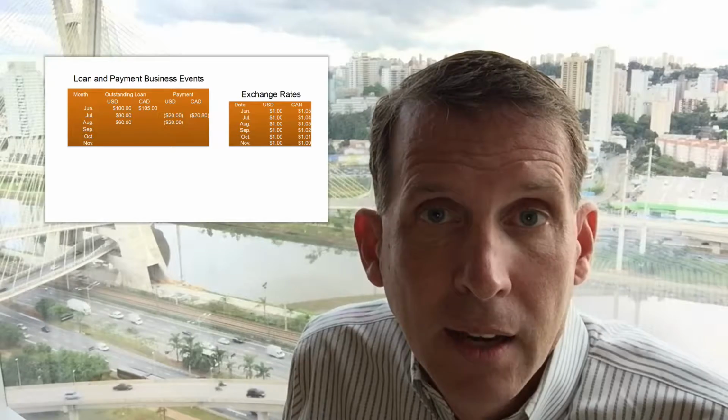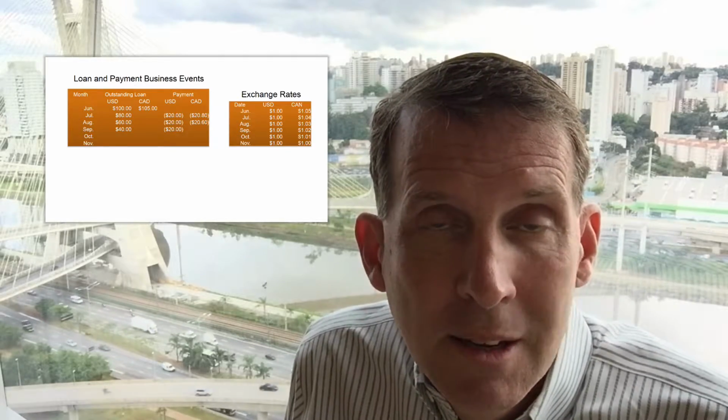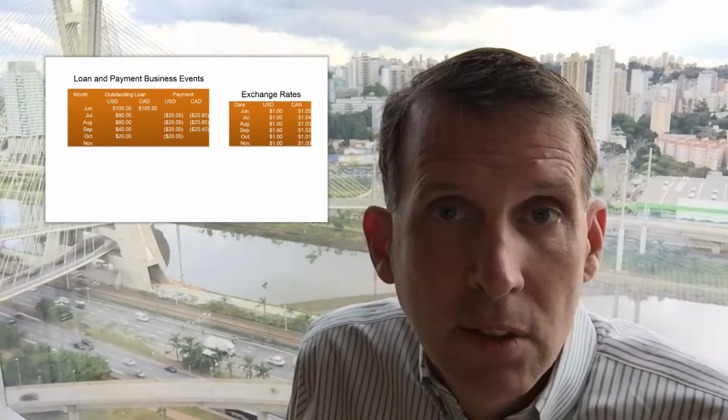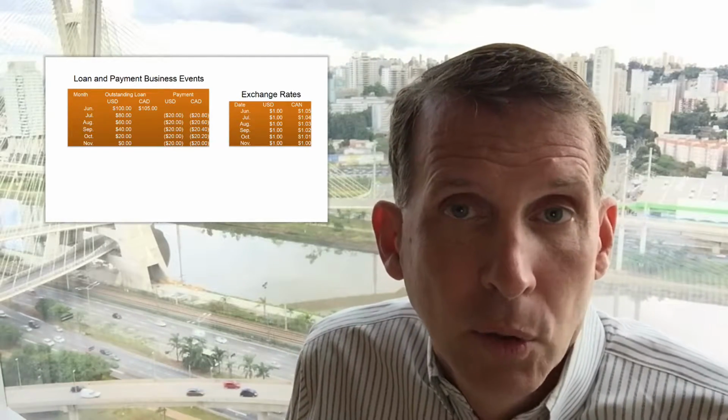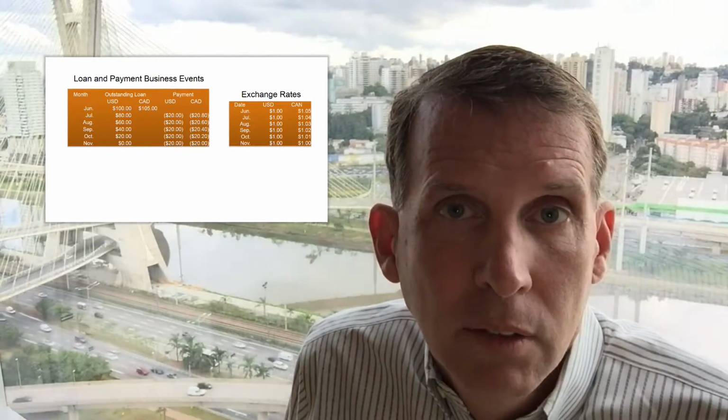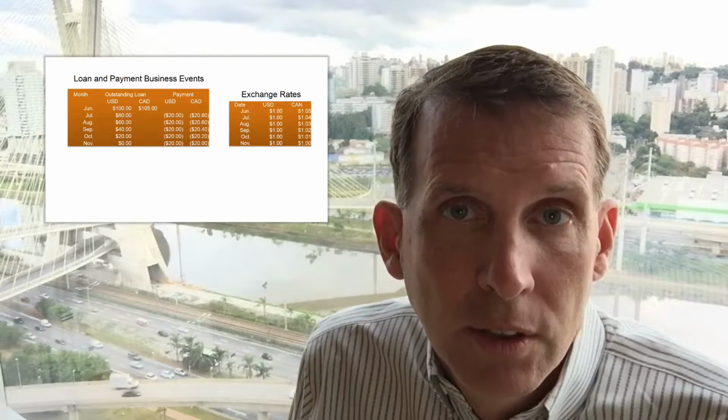Doing that each month, for each one of my payments I've had to generate a currency translation, or convert the transaction into Canadian currency. That's a business event. That is a conversion event, and it's only based upon the payment that I've made. It's not based upon any other data.